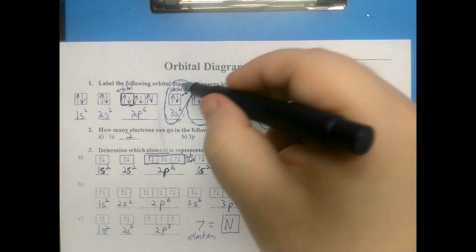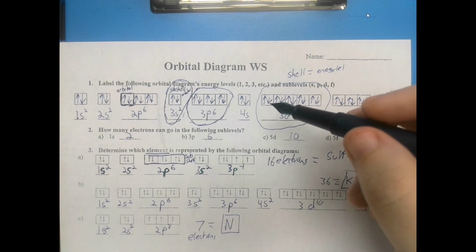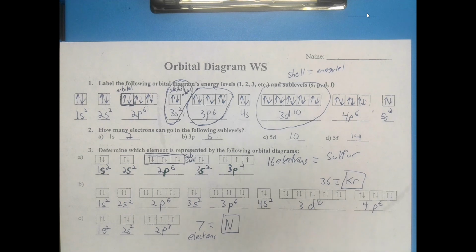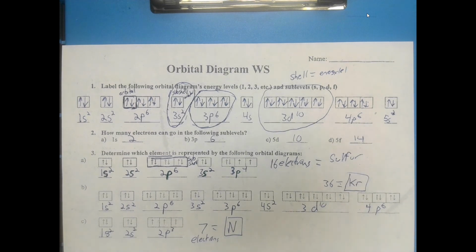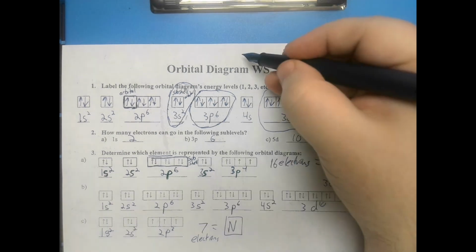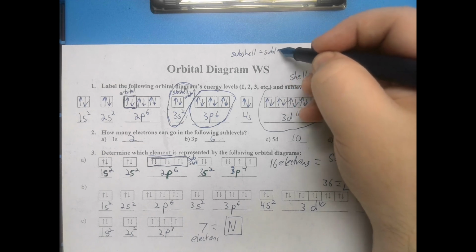So this shell has 3 subshells and 1, 2, 3, 4, 5, 6, 7, 8, 9 orbitals. A subshell is the same thing as a sublevel.